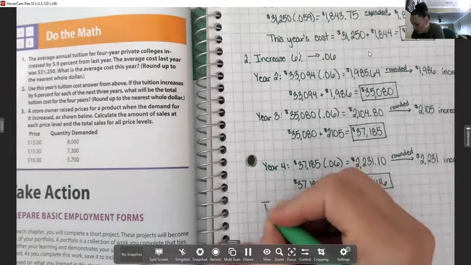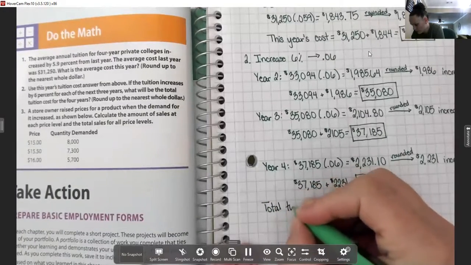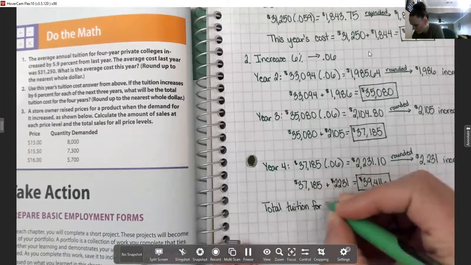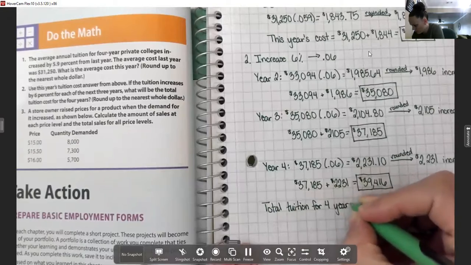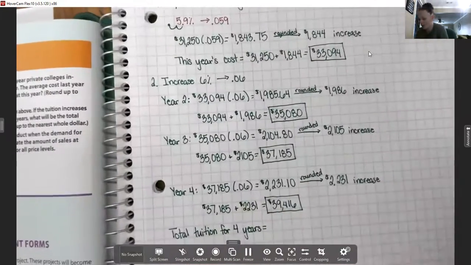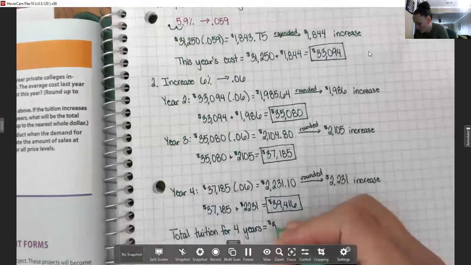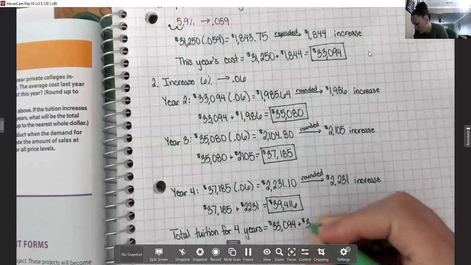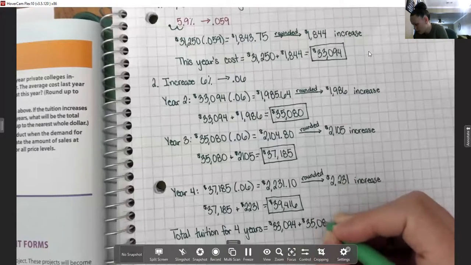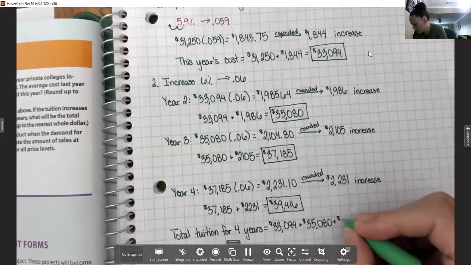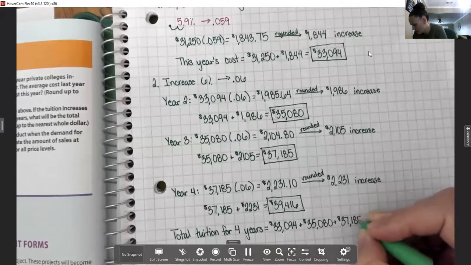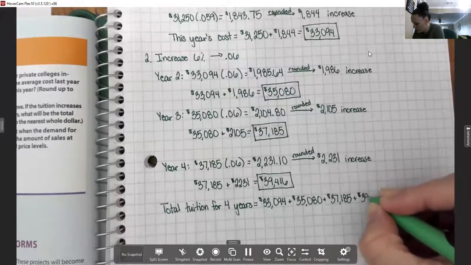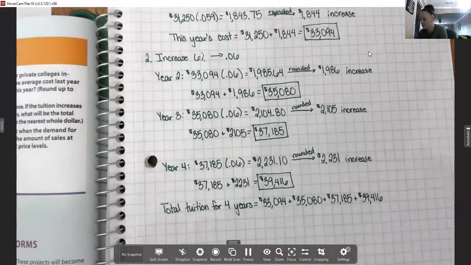So total tuition for 4 years: $33,094 plus $35,080 plus $37,185 plus the fourth year is $39,416.